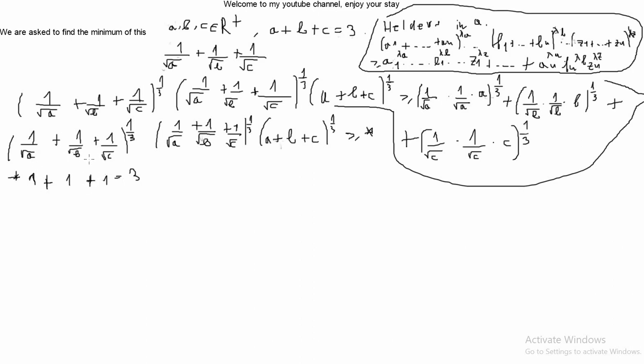So let me make a substitution, just so I don't have to write this same expression a thousand times. I will call 1 over square root of a plus 1 over square root of b plus 1 over square root of c, for example, x.